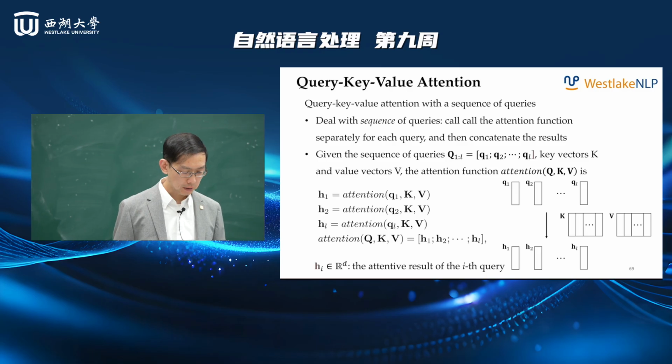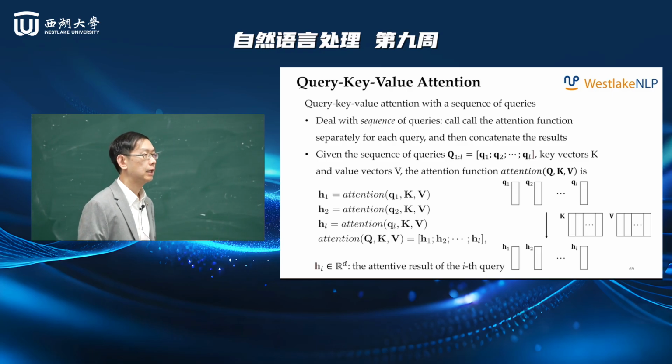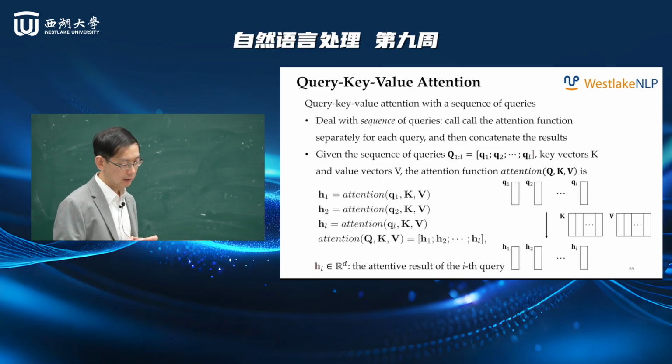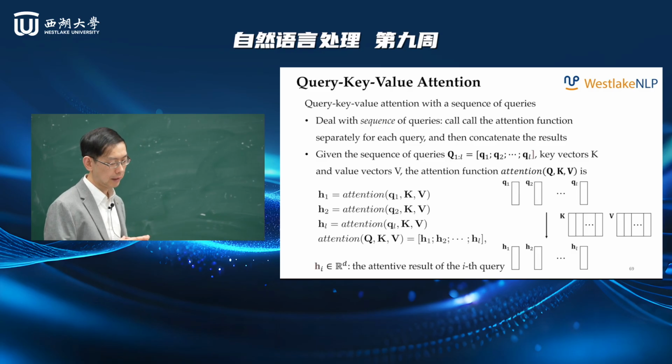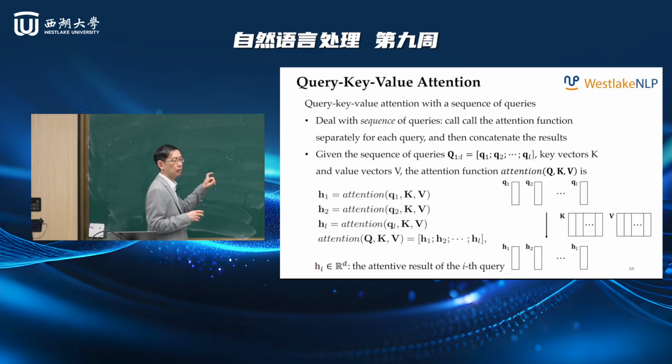Now, when you have one query, you can get one aggregation of values. But if you have a sequence of queries, you can result in a sequence of values. Of course, you say this is obvious, right? So Q is the query.